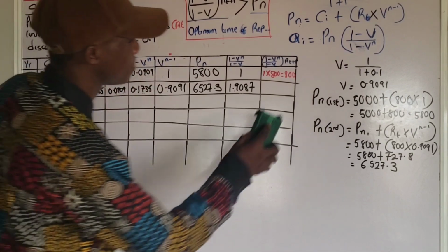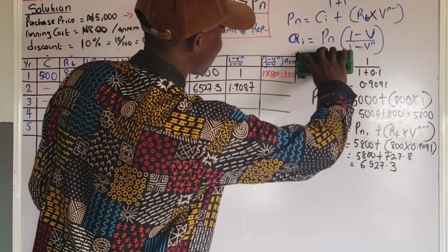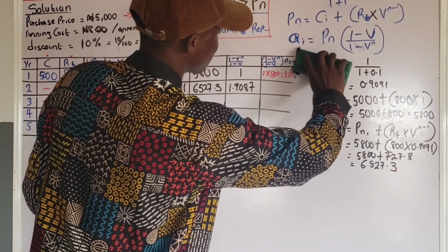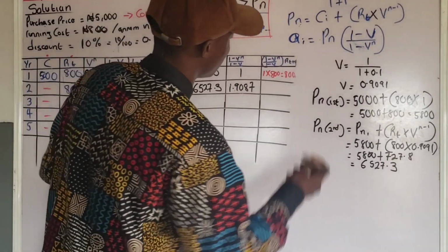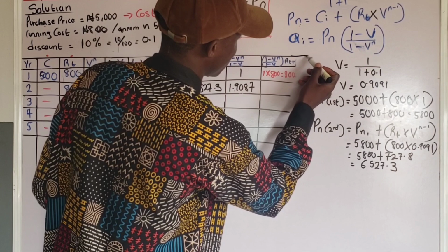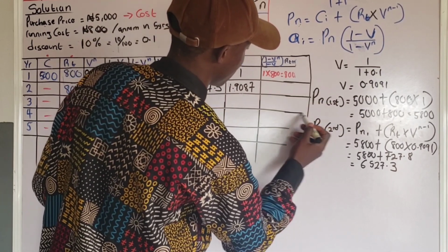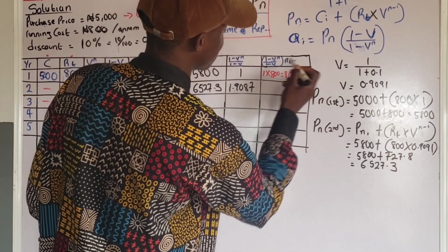Okay? So here, maybe I should extend this bracket so I can show the solution. Let's extend the bracket. Okay. r_{t+1}.